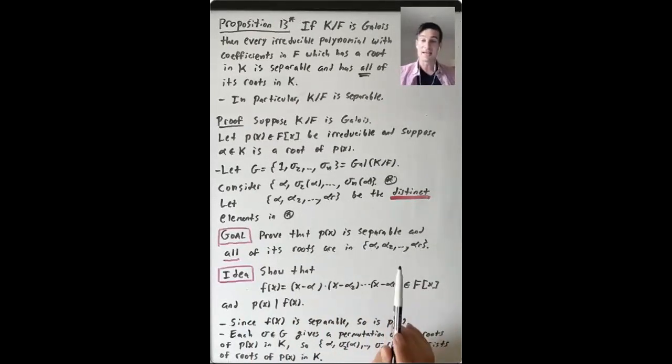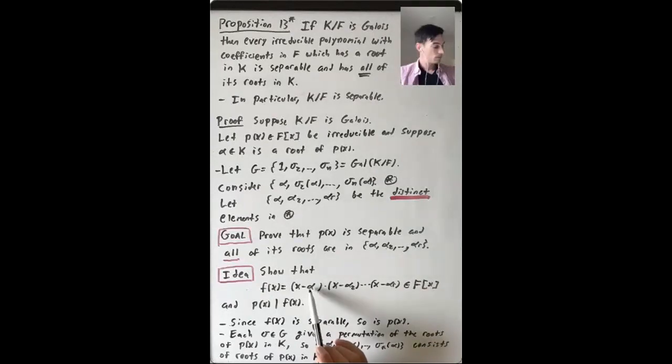All right, and what is the idea that we're going to use to show that this is true? We'll take another polynomial, f of x, that'll be the polynomial whose roots are exactly alpha, alpha 2 up through alpha r. So the monic polynomial, x minus alpha times x minus alpha 2 times up through x minus alpha r.